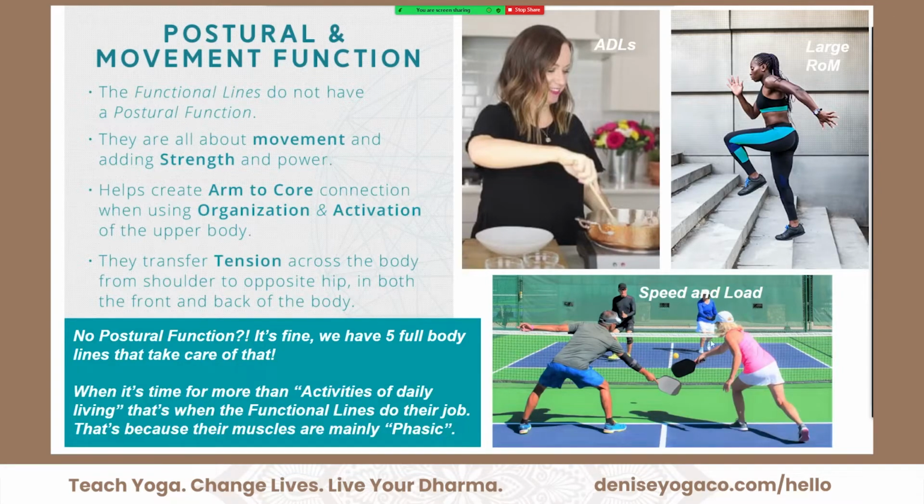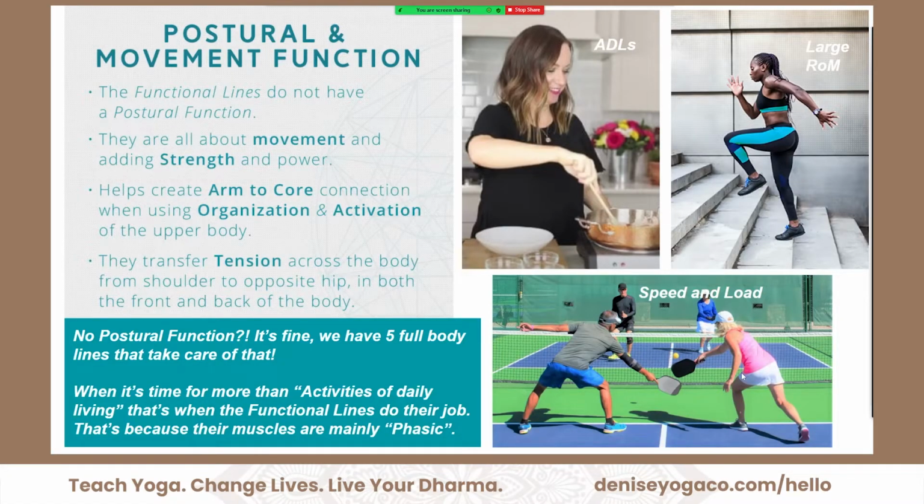And, anything that requires speed, doing an activity quickly, or, you can see this fellow over here is loading his right leg, and he's more using his ipsilateral front functional line there. And then she's doing crossbody action, right?